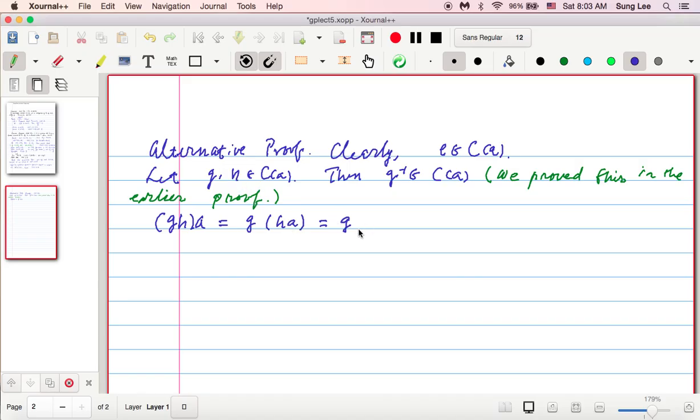Now H commutes with A, so that's the same as AH, and by the associative law, that's GA times H. Now G commutes with A, that's the same as A times G, H. And again, by associative law, this equals A times GH.